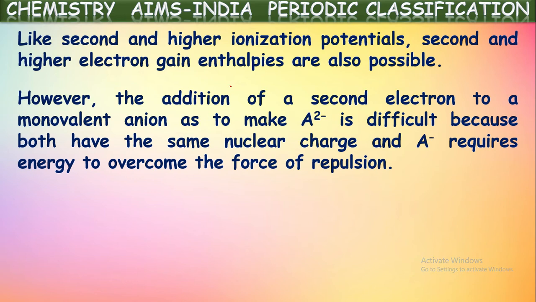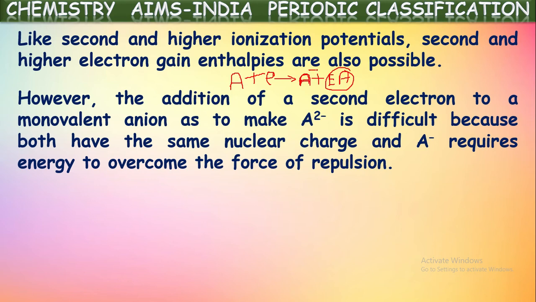For example, if you see an element A, if an electron is given to that atom, what happens? Then that will be converted into A minus and a certain amount of energy will be released, which we call electron affinity or electron gain enthalpy. Energy is released.